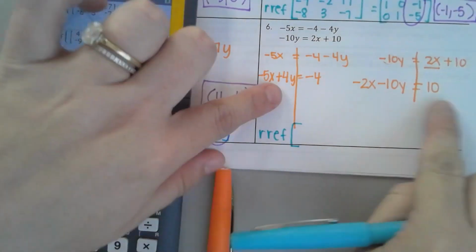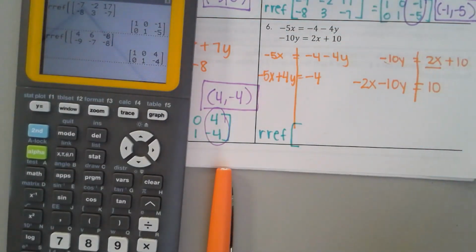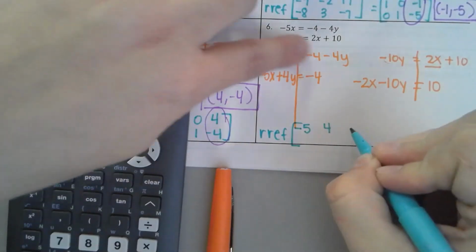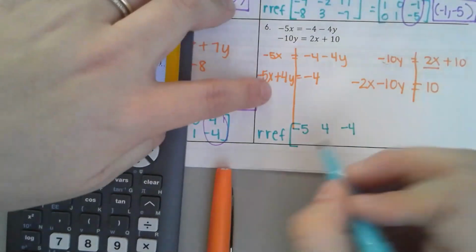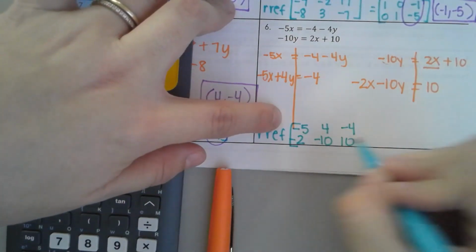Now, it actually does not matter which of the numbers you write on top. You'll get the correct answer either way. Negative 5, 4, negative 4, negative 2, negative 10, 10.